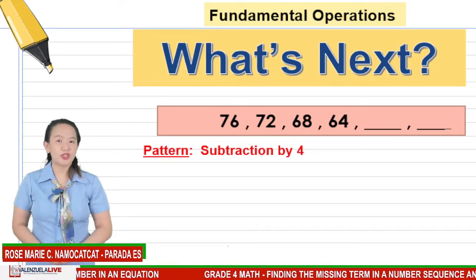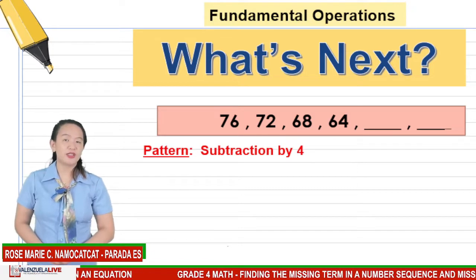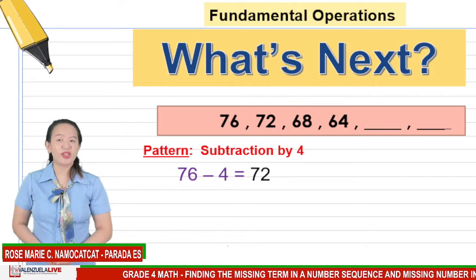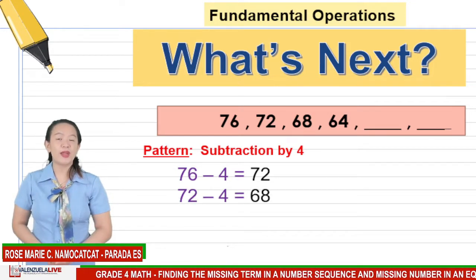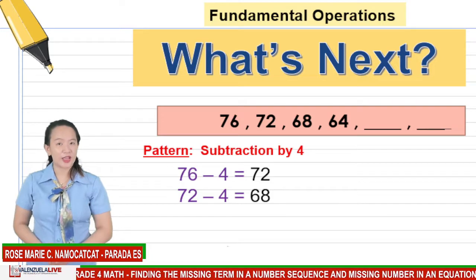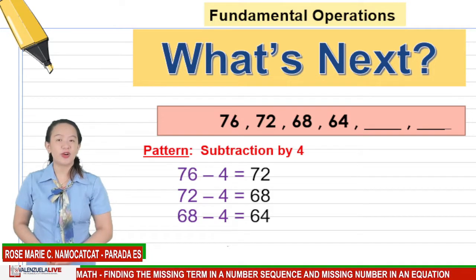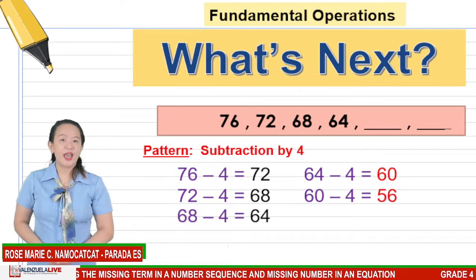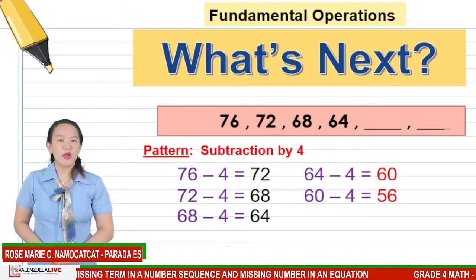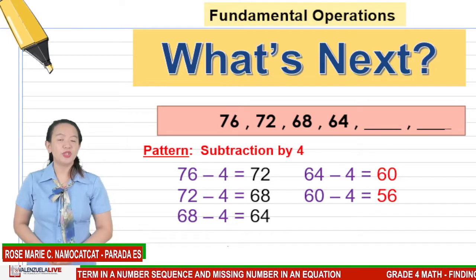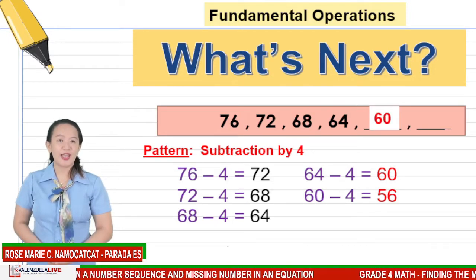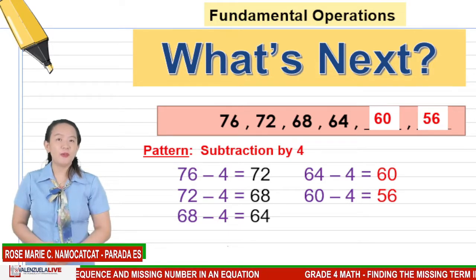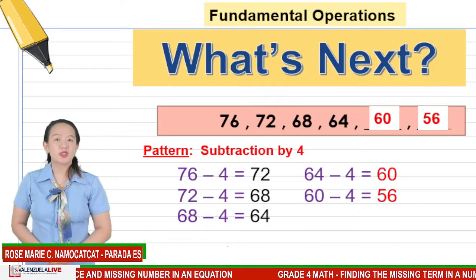For our subtraction, we need to subtract 4 each time. 76 minus 4 equals 72. 72 minus 4 equals 68. 68 minus 4 equals 64. 64 minus 4 is 60, and 60 minus 4 is equal to 56. So our next 2 numbers are 60 and 56. As you can see, we use the fundamental operation, which is subtraction.